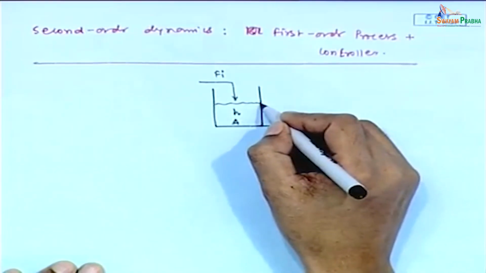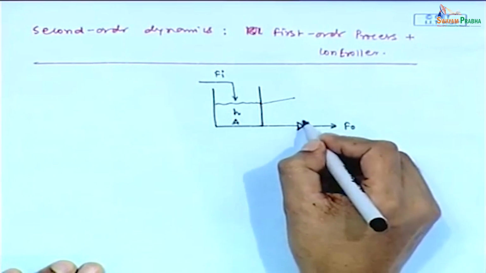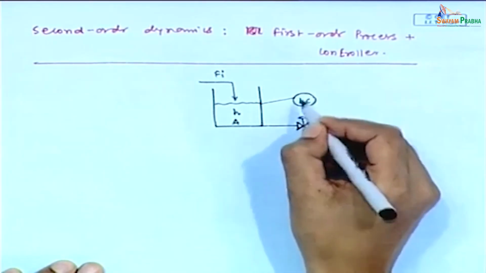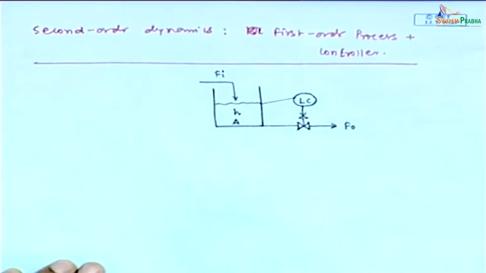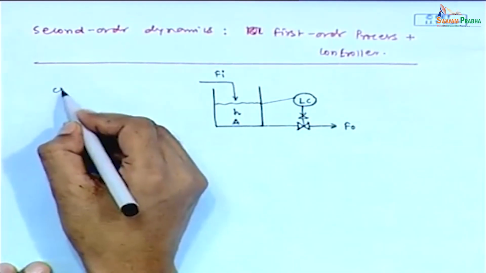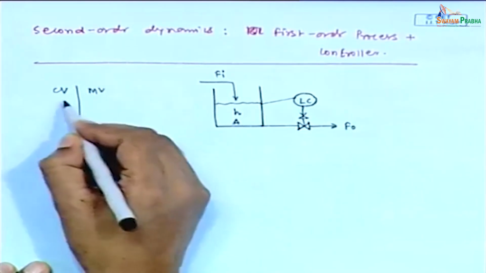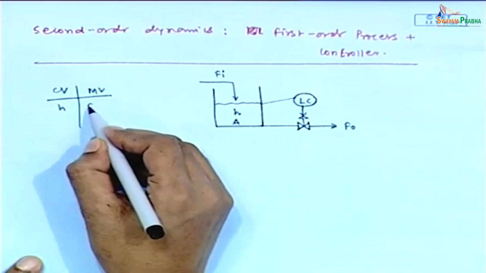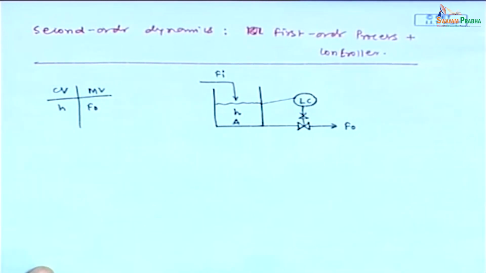So, for that we need to employ one level controller. The control variable is H and the corresponding manipulated variable is F naught. Fine. This is the control pair for this case.